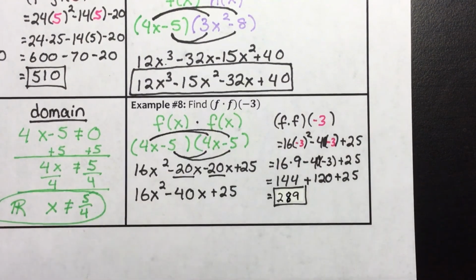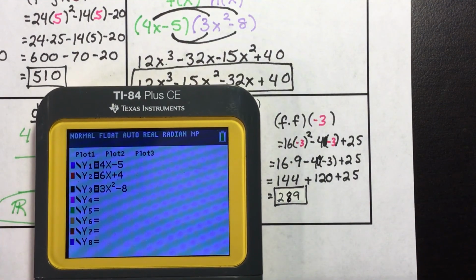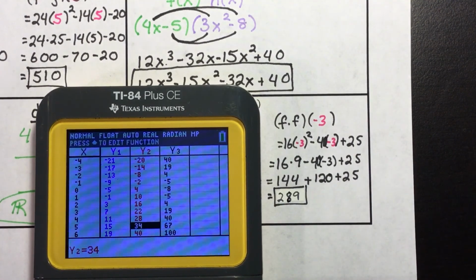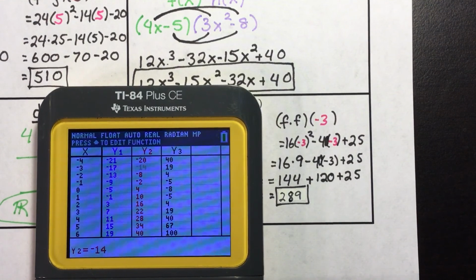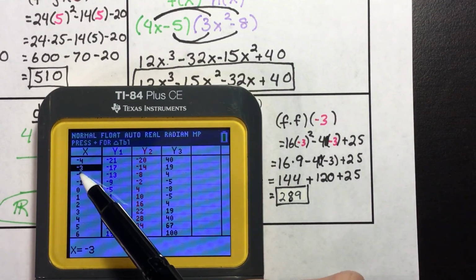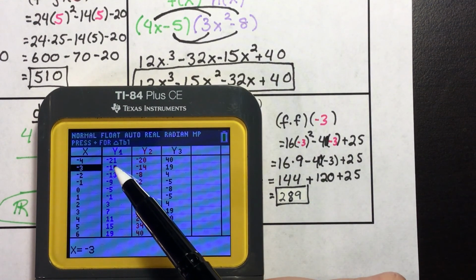All right, so I'm going to go back to that y equals. Our y equals had f of x as y1. Go back to that table. We plugged in the number negative 3 for x. That's here. And then y1 says that f of negative 3 is negative 17.